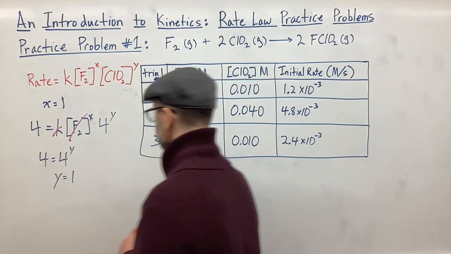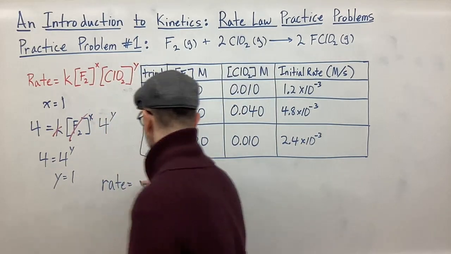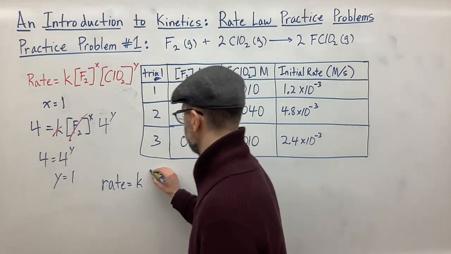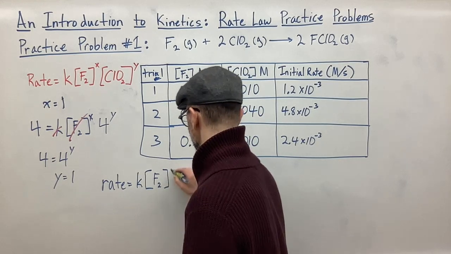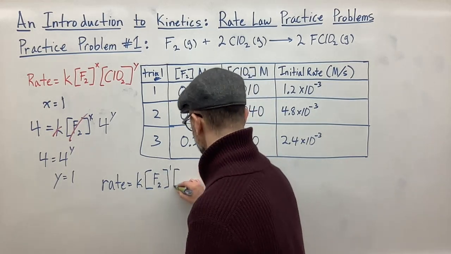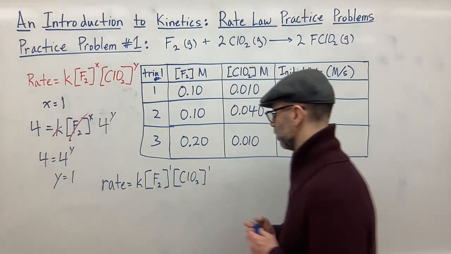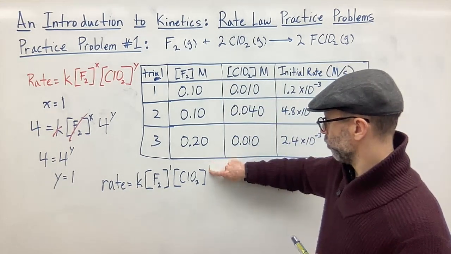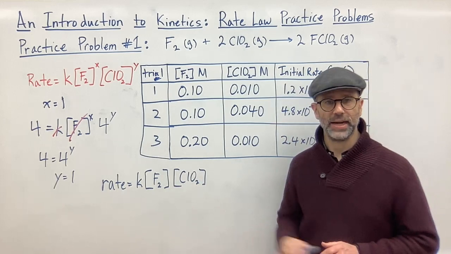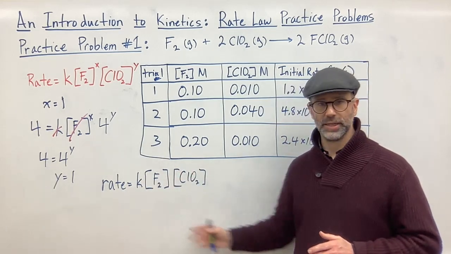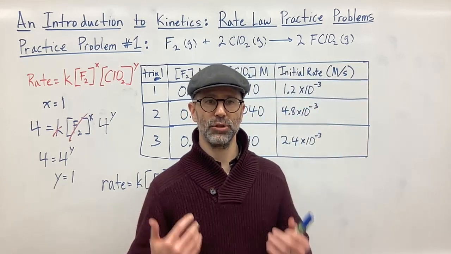So our final rate law is going to be the rate is equal to K times the concentration of F2 raised to the 1 power times the concentration of ClO2 raised to the 1 power. We normally don't write ones, so we can erase these and just leave that expression. So there's our rate law expression there. So let's go on to problem number 2.